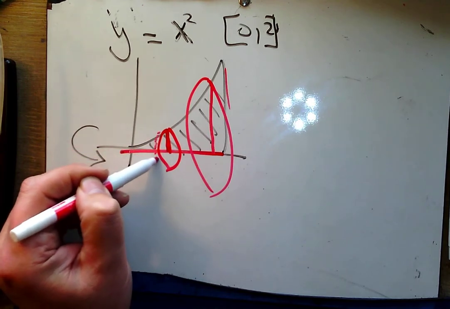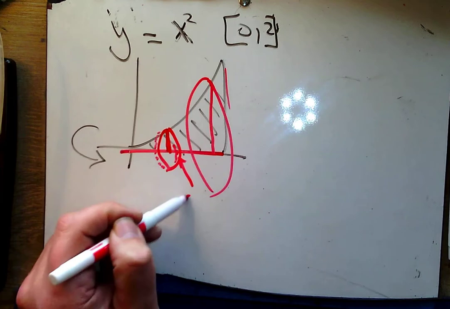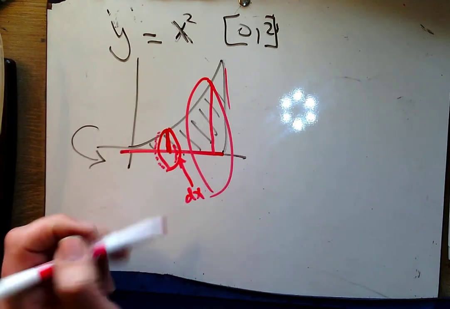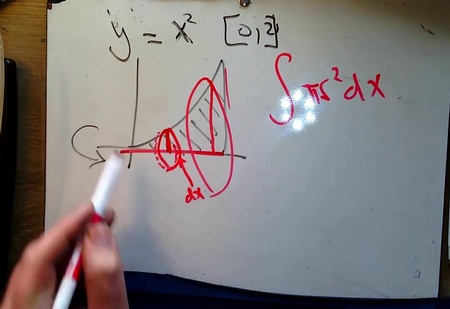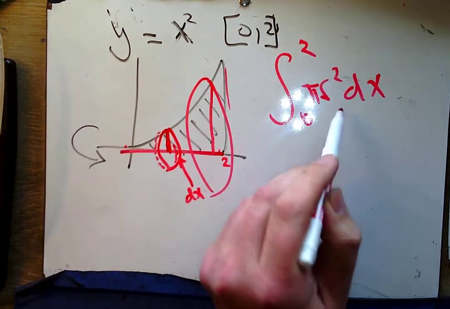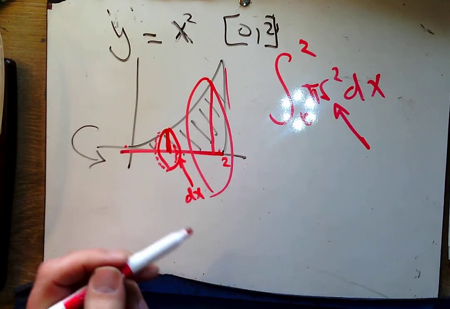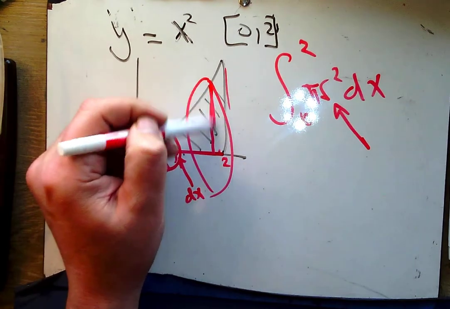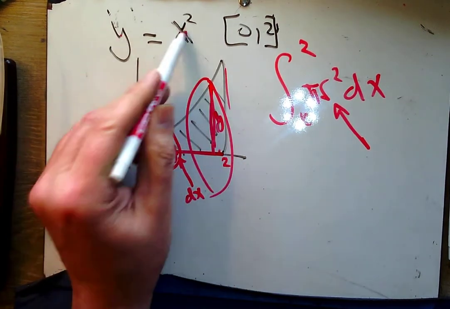I see that the thickness of that disk is going to be measured here. This is a dx disk. I still need pi r squared. I'm still going from 0 to 2, but I need to replace radius with some x stuff. Well, this radius is the same as my y value, and y is x squared.